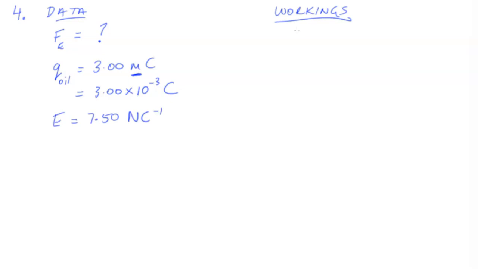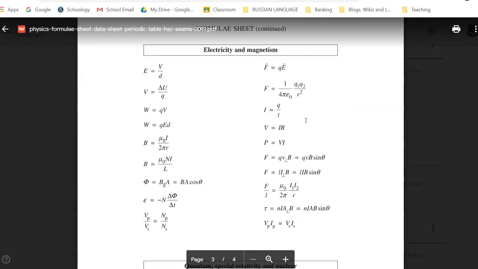Okay, so our workings. What do we have here? We have force, we have a charge, and we have an electric field strength. So if you're looking at your formula sheet, which I'll get up on the screen, under electricity and magnetism, this is our formula here: F equals QE.